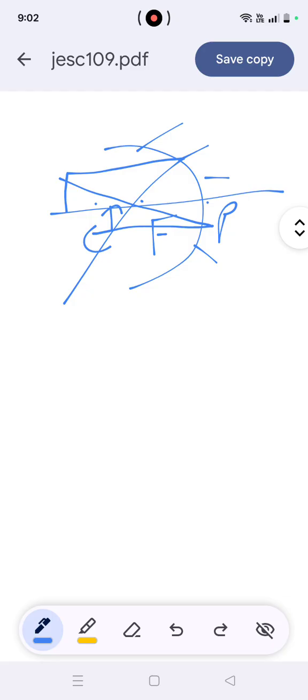When the object is placed beyond C, the image formed will be between C and F, and the size of the image will be smaller than the size of the object.